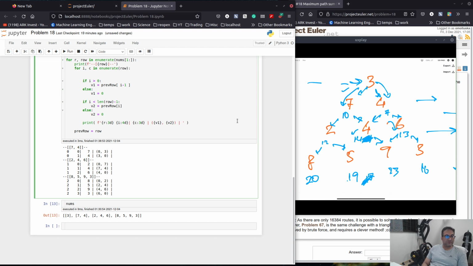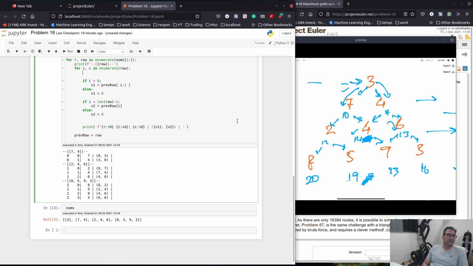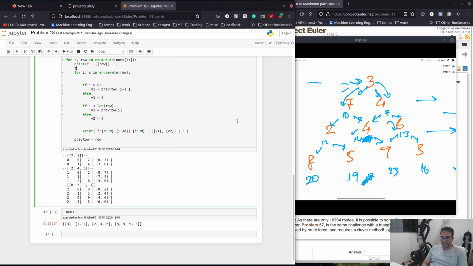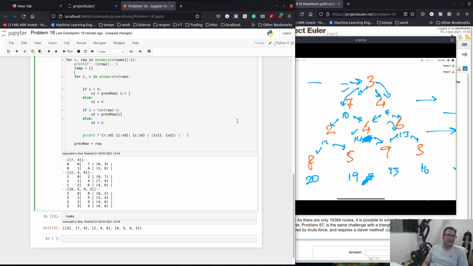We want to create a temp value, and for each of these things we want to add, so when we are over here, it can come from either here or here, and we want to add the max of this and this to this, something like this.